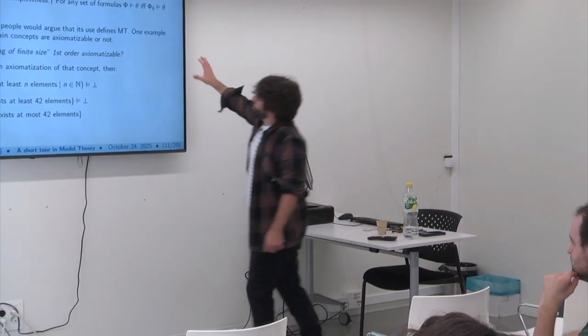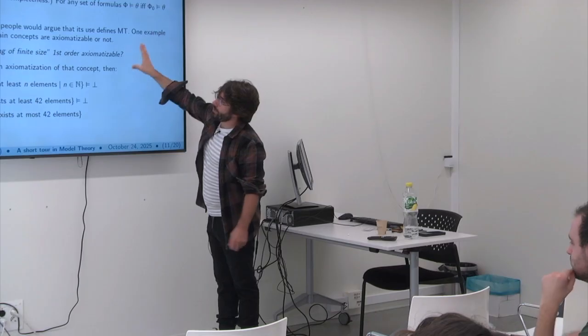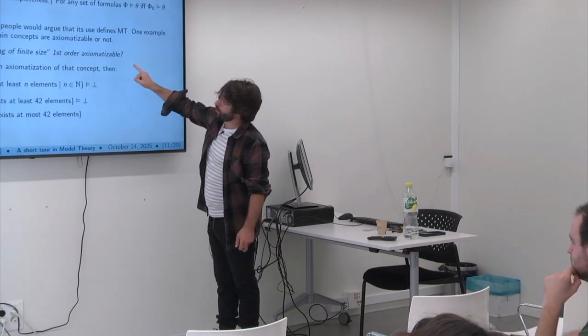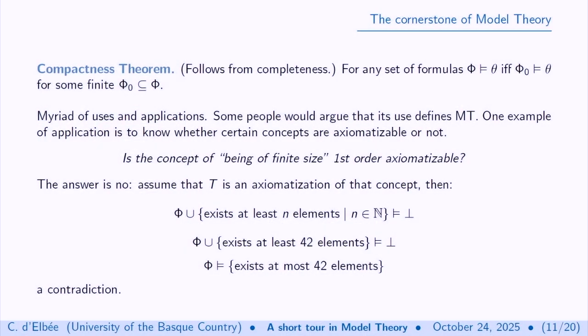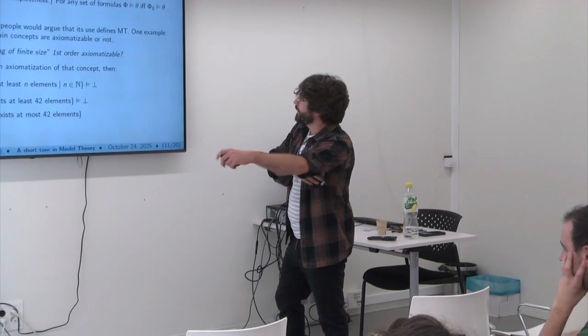A very early use of compactness is whether some property is expressible using first order logic or not. You can prove, for instance, that the concept of being of finite size is not first order axiomatizable. I'll give you the proof later, but let's advance a little bit more.